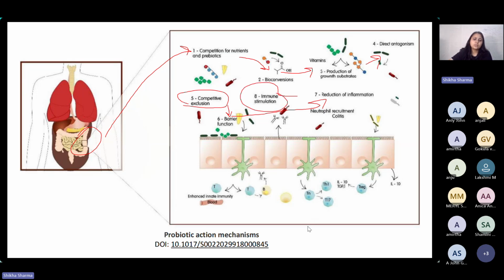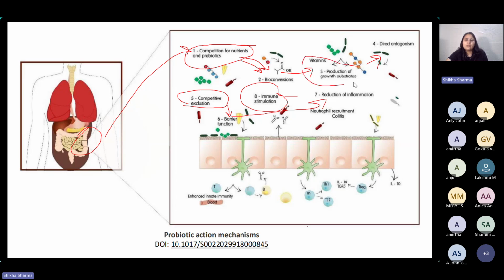This is how these probiotics function. Usually probiotics need some kind of prebiotics or nutrients for their growth. So they compete for this, and they convert these prebiotics or nutrients into something useful; bioconversions will be there.